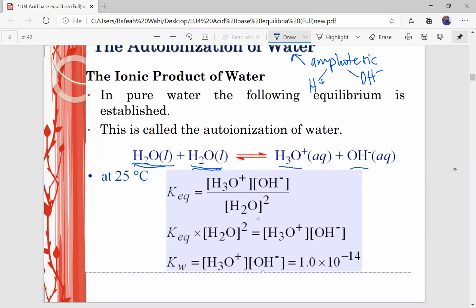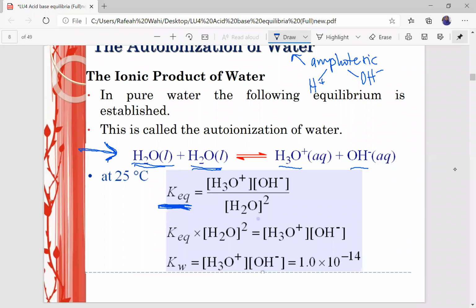When we talk about water as well, we can discuss the equilibrium constant for water. Whenever we talk about any equilibrium constant, we should consider the dissociation reaction. It shows how your acid or your base dissociates into hydronium ion or hydroxide ion and their conjugate.